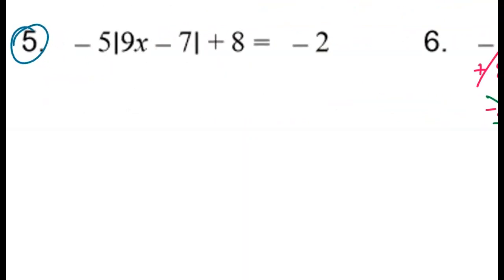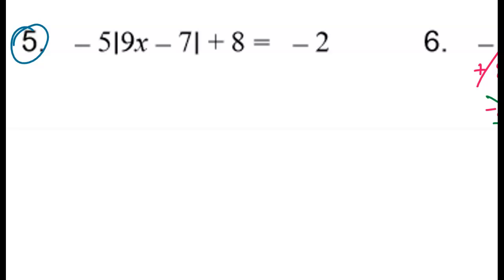So like you said, first we subtract by 8. We don't deal with the negative 5 yet. Why don't we deal with the negative 5 yet? It's being multiplied by the absolute value. Good. We need to first move the easy one.